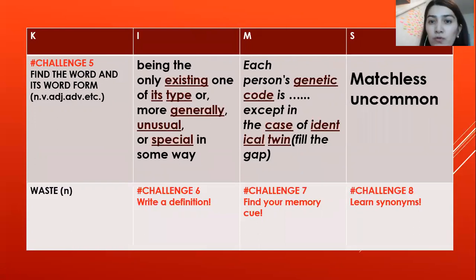I want you to find that word. It means if you have a twin, you may have the same genetic code. Otherwise, you don't have that matching code with others. And synonyms are given here: matchless and uncommon.